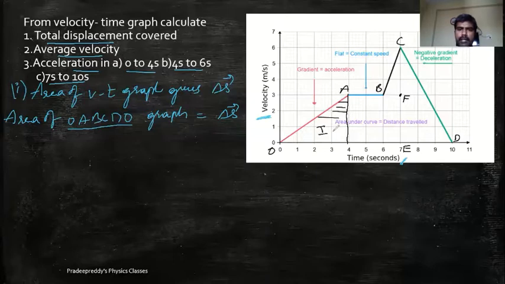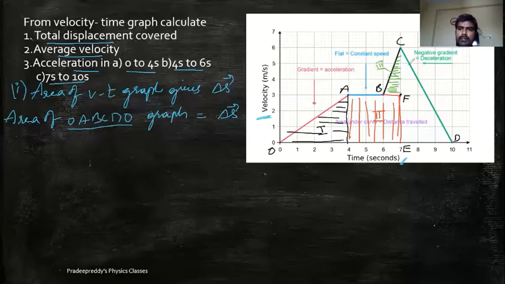Next from here to here, I'll consider it as a rectangle or a square, and this is region 2. Next coming to the third, this is region 3. And the last one, coming to the fourth one, this is region 4.